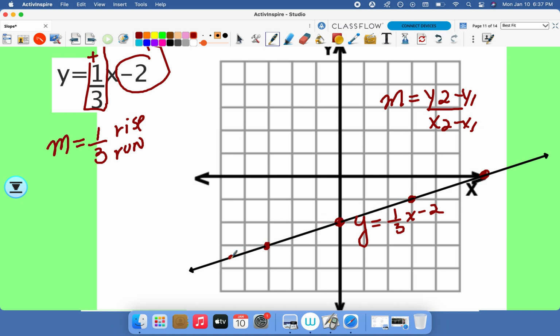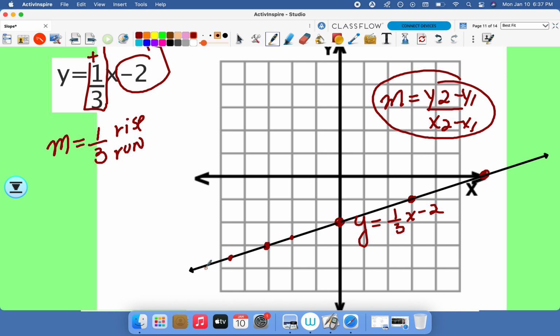Don't pick this point over here, because you and I don't know its exact value. I need the exact value, so pick 2 points whose values you know exactly. Plug them in here, and you'll see that you get 1/3.